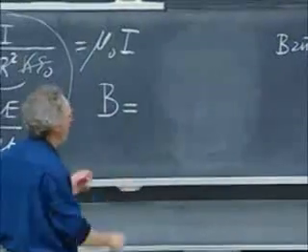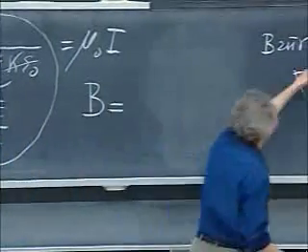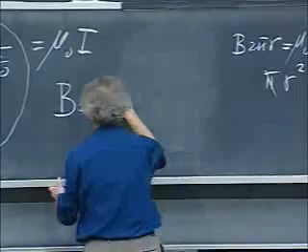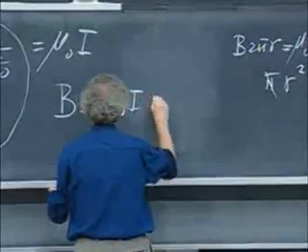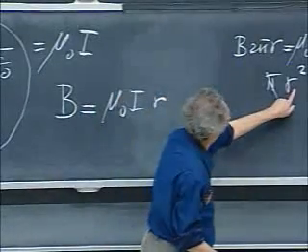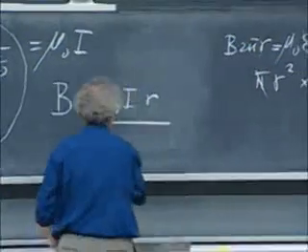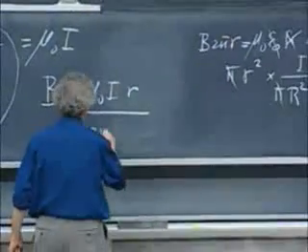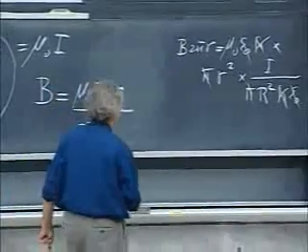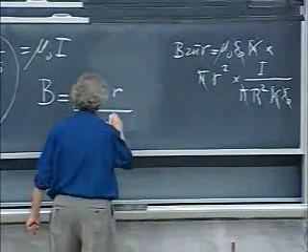Because if I make up my balance, I get upstairs mu 0 times I, but I get one little r upstairs. You see, you have r square here and you have r here. And downstairs, I get 2 pi, and then I get a capital R squared.